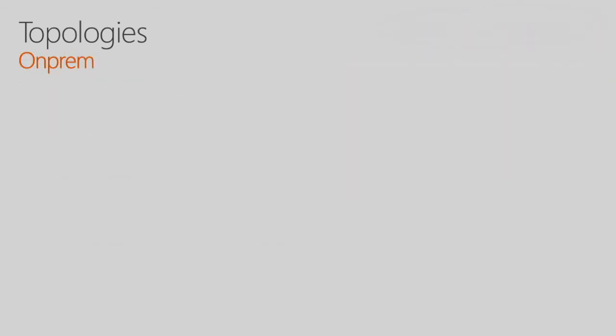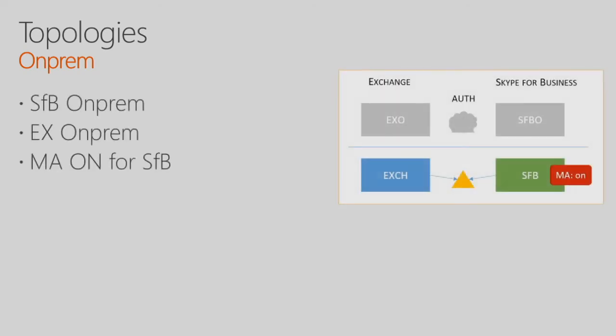All right, on-premise. So about a year ago, actually more like 18 months now, we released support for this topology, meaning you have Skype for Business on-prem, Exchange on-prem, and modern auth turned on for Skype for Business on-prem, okay? In this topology, we do support this.